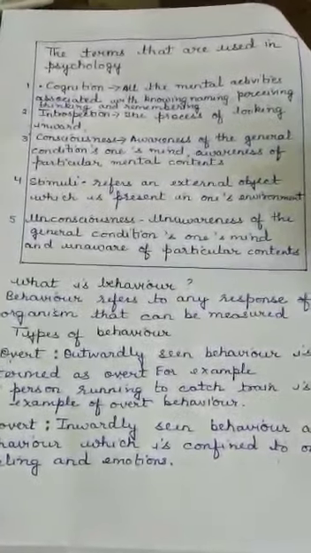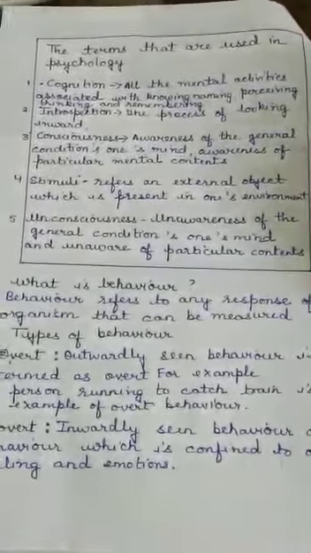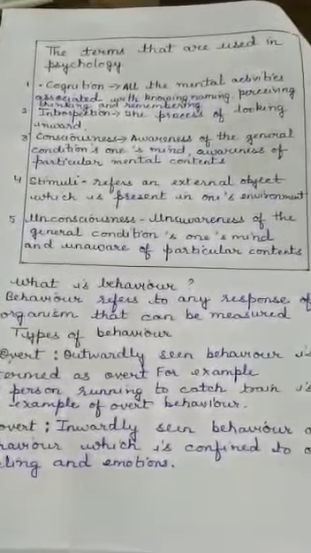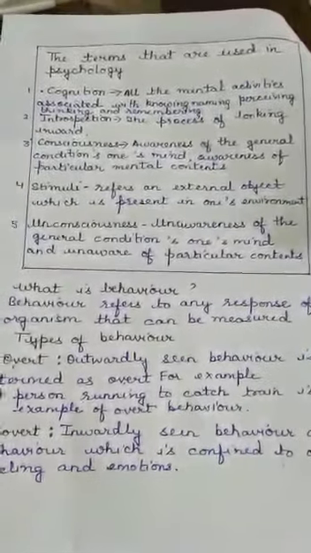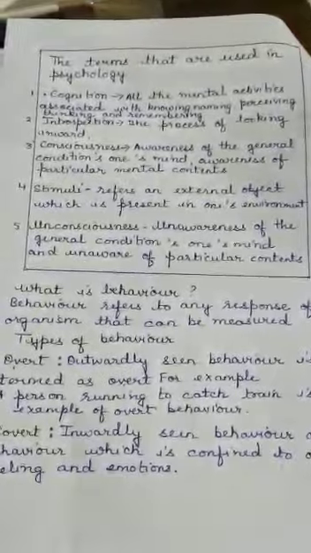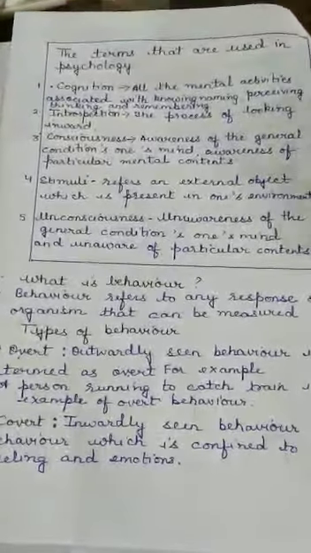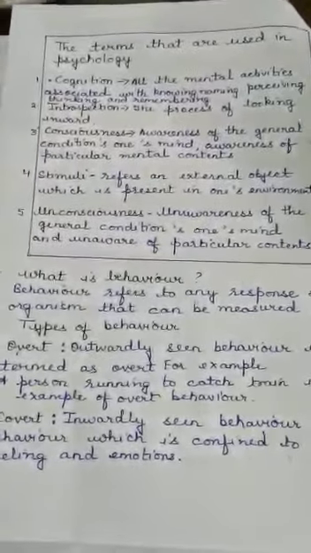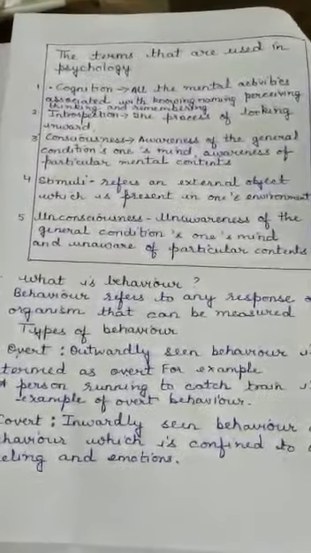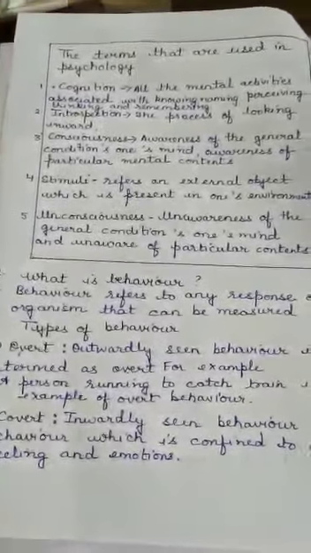When an individual shows a reaction in a particular situation, that is denoted by the term behavior. Behavior can be measured by using different sets of tests. We use observation, such as naturalistic observation, to measure an individual's behavior.